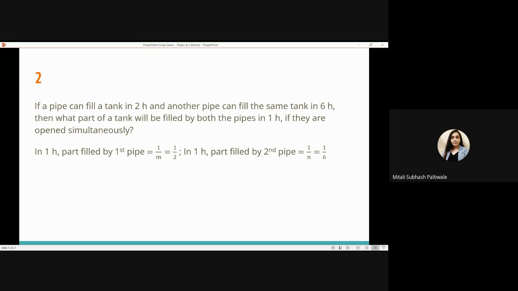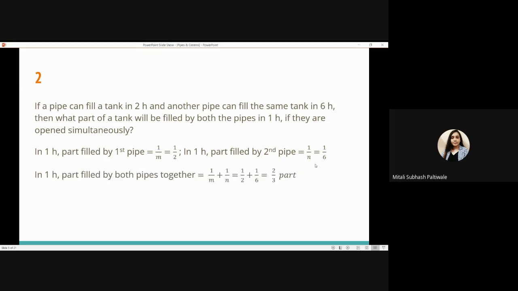That is nothing but 1 by 2. And in 1 hour, the part filled by the second pipe is nothing but 1 by n, which is 1 by 6. So, when it comes to finding out how much part they will fill in 1 hour, we have to add both 1 by m and 1 by n together.